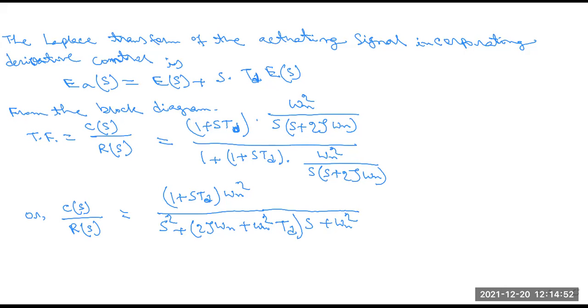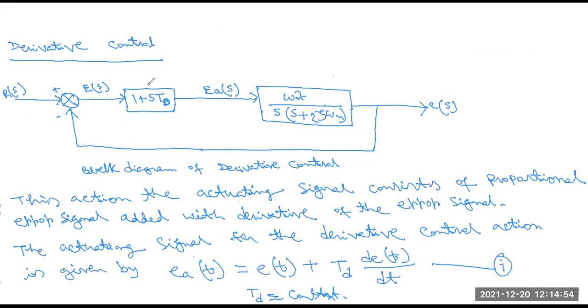Okay, so this is basically the derivative controller block diagram. This is a second order system, we know that, omega_n squared by s into (s + 2 zeta omega_n). When we calculate the transfer function C(s) by R(s), that means the ratio of the output of the system to the input of the system.